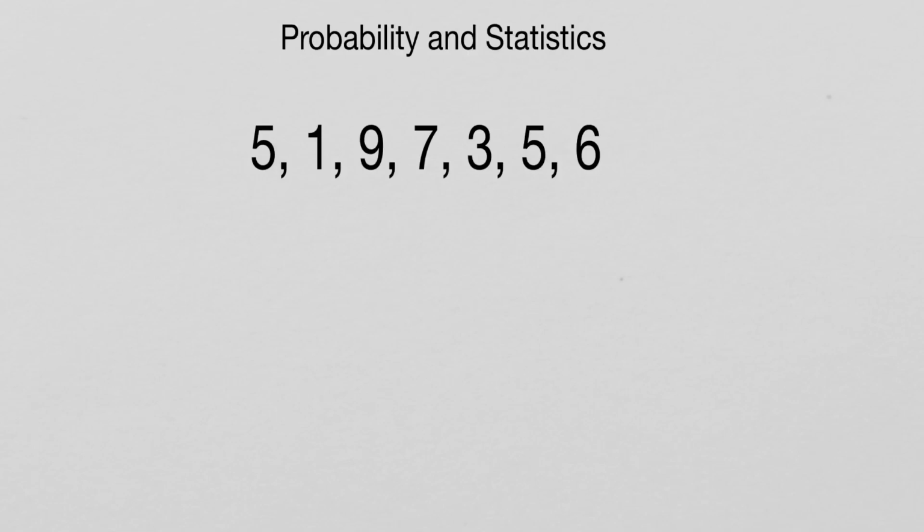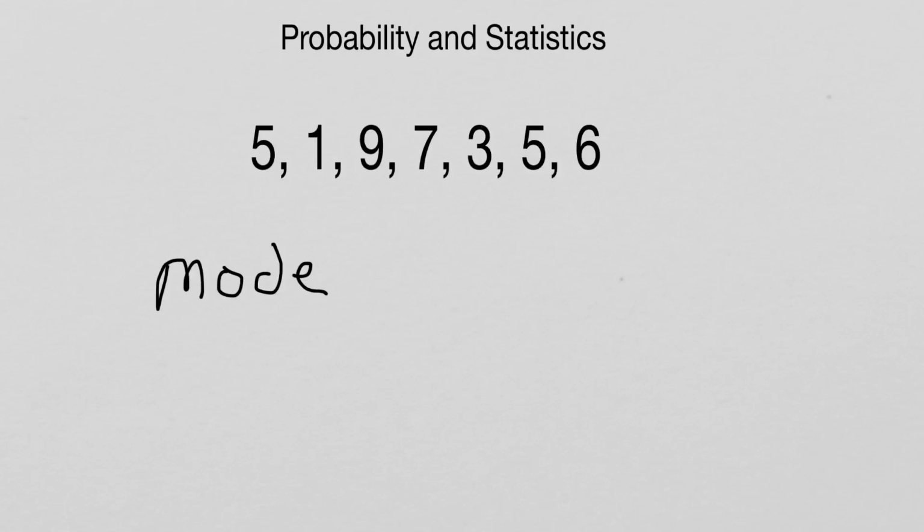All right, the next statistic we're going to talk about is mode. When I talk about mode, the thing that I always think is, mode, most. It's the number that occurs the most in a series.